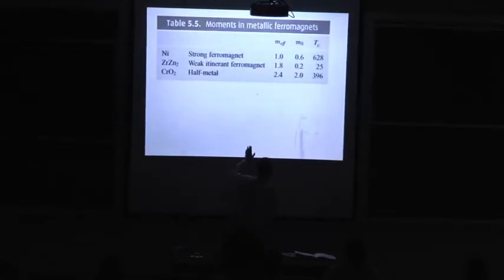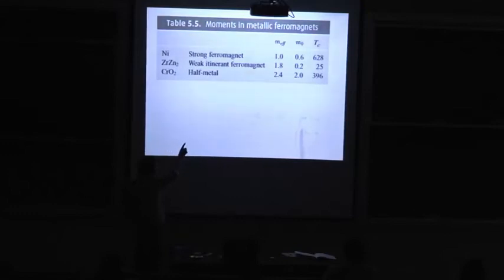And if you talk about the moments in metallic ferromagnets, you have nickel, these are the Curie points. M naught gives you the number of Bohr magnetons per unit cell. So for nickel, it's 0.554 as I mentioned, about 0.59, probably 0.6. So this is ratiometric.